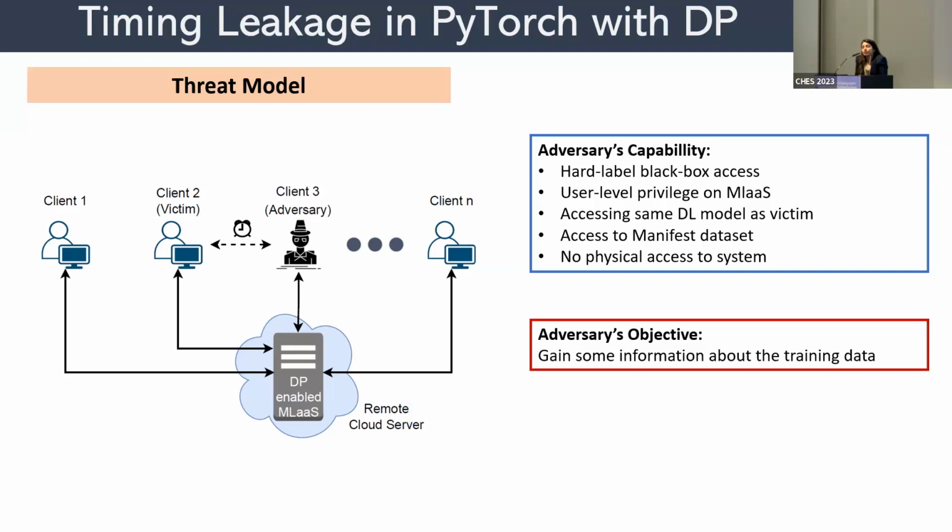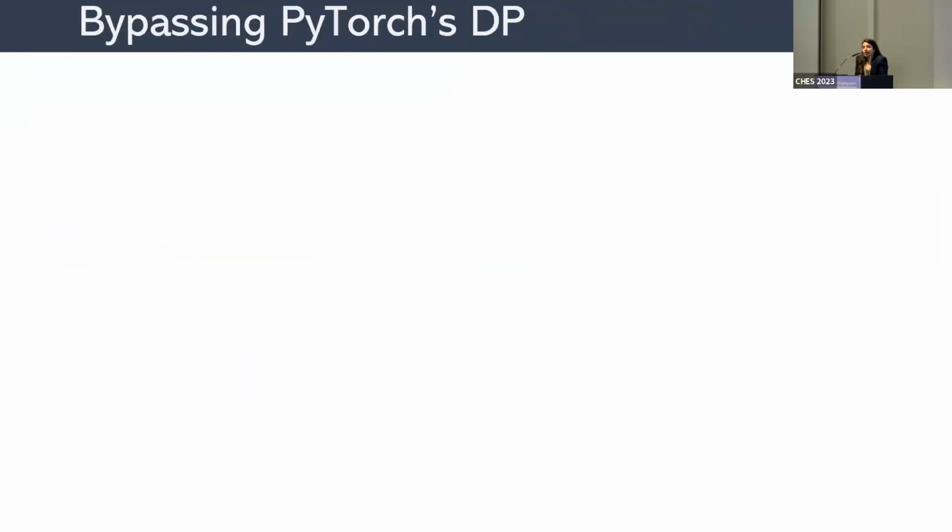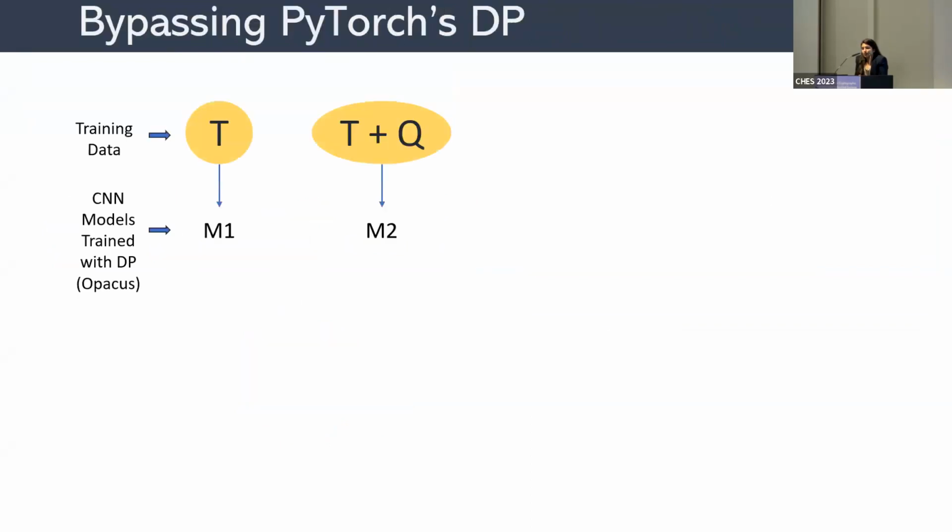This time the model on the MLaaS server is trained with differential privacy. So let's say we have two training datasets. One is T and one is T plus Q. And we train two CNN models with these two different training datasets, M1 and M2.